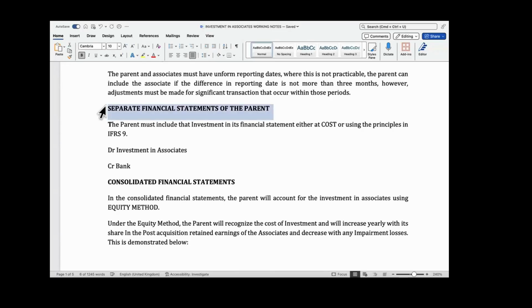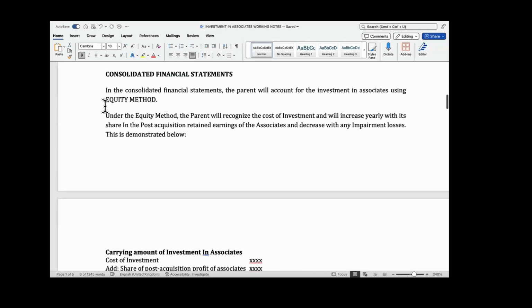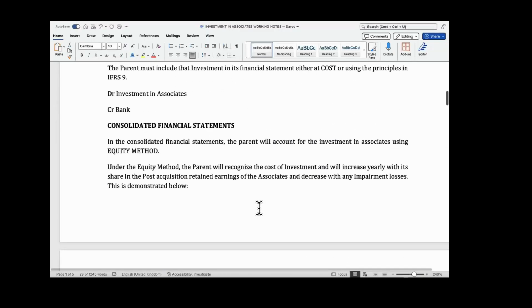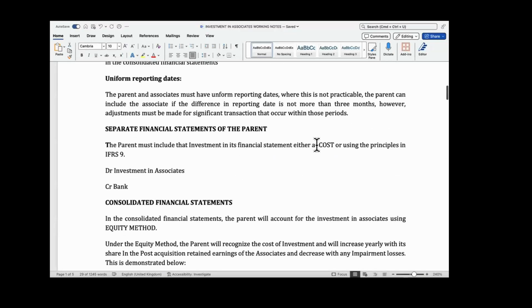In his own financial statements, he doesn't do all of this equity method. All he does is recognize the investment at cost, or using IFRS 9. That's all he does in his own separate financial statement.